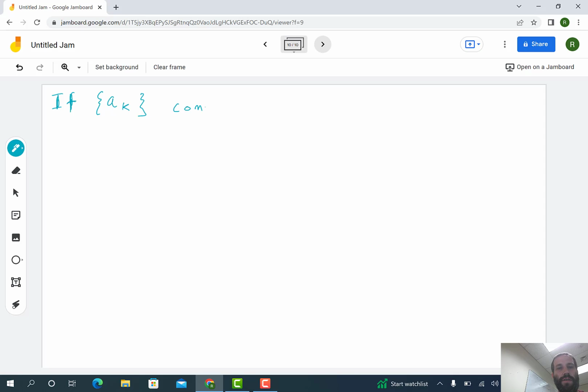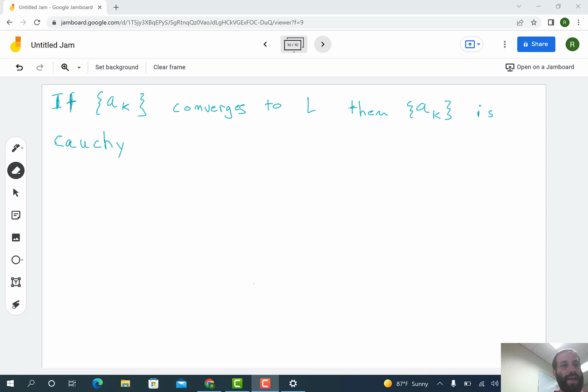If a_k converges to L, where L is a real number, then a_k is Cauchy is what I'm trying to write. Okay, let's see if I can continue to try to make this work.